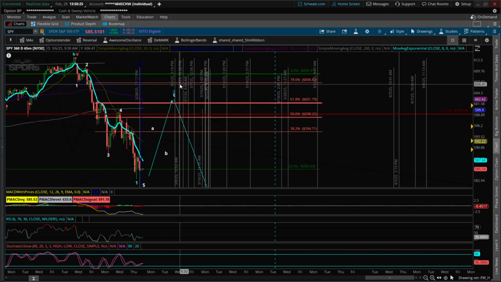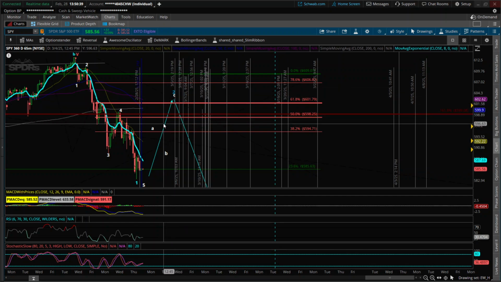And so that's, what is it, 3rd, 4th, 5th? That's Thursday. So yeah, it lines up with the daily time frame to where possible Thursday into Friday is our reversal here. But we'll be adding in already to our short positions as we get up to that 598.